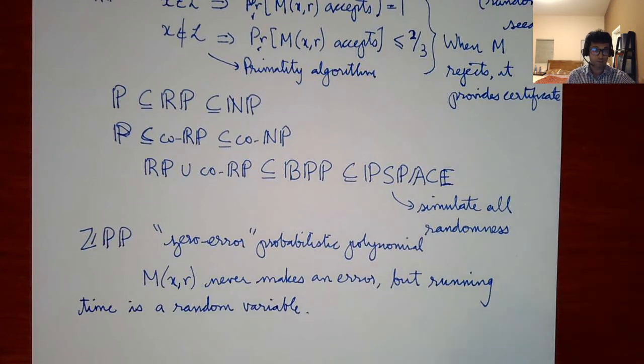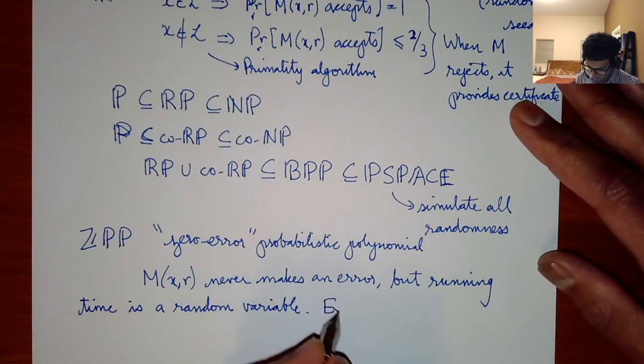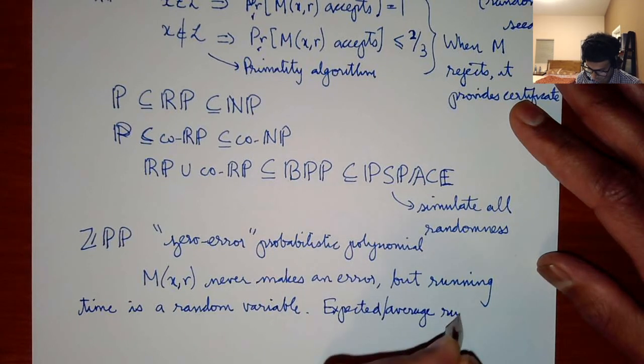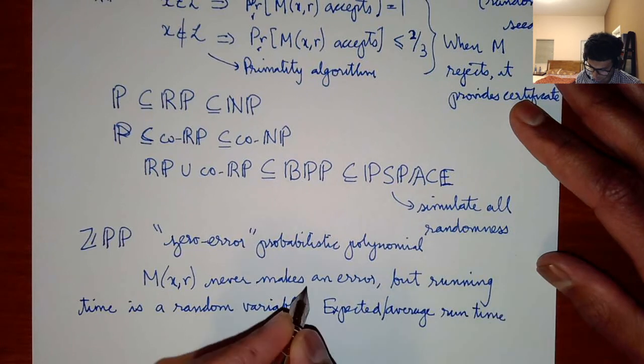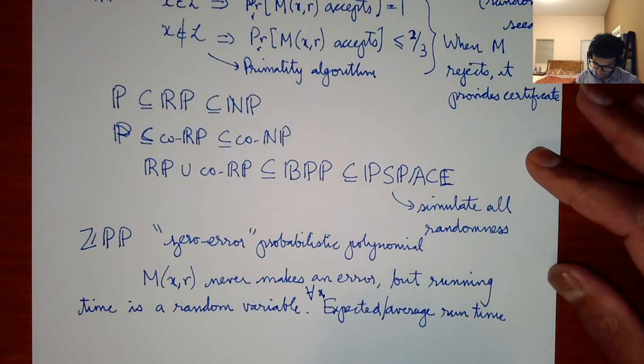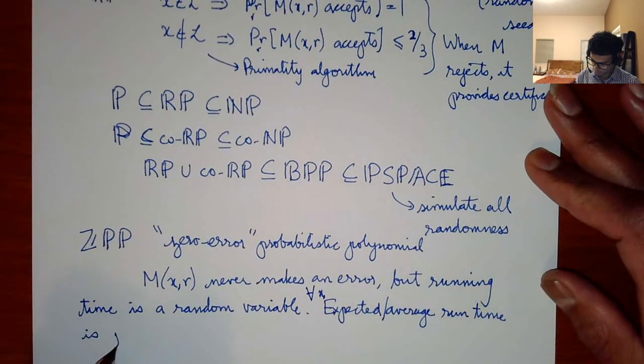It might run forever, but the running time is a random variable, and the expected or the average running time, I should say for all inputs X, the expected running time is polynomial.